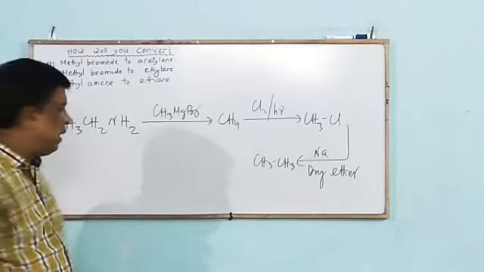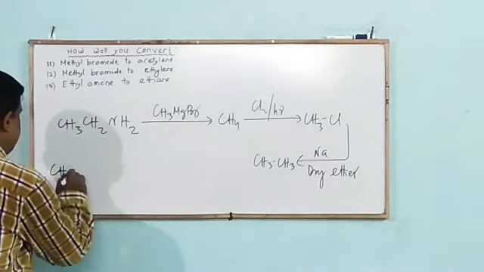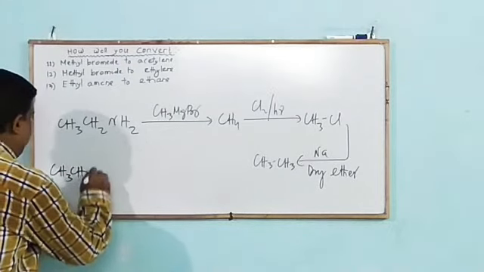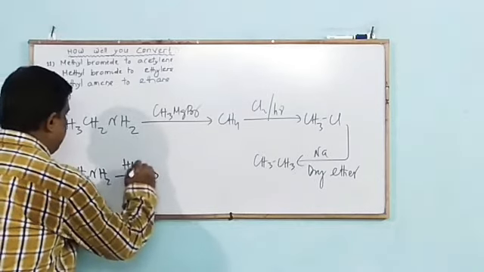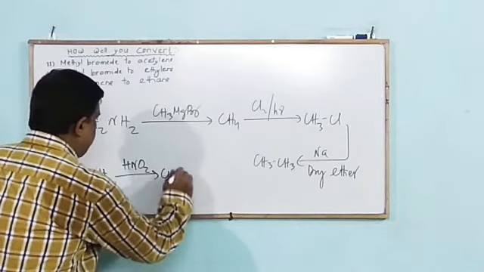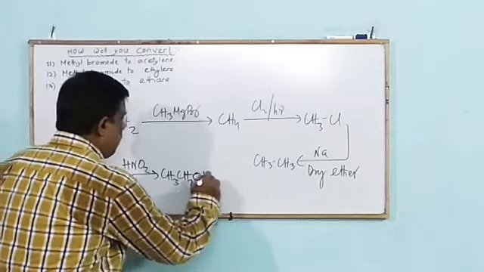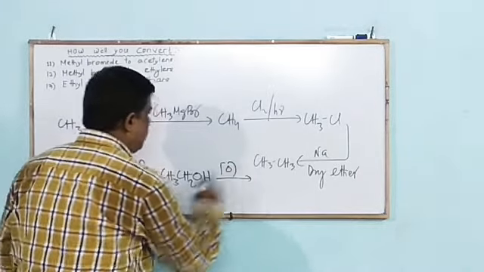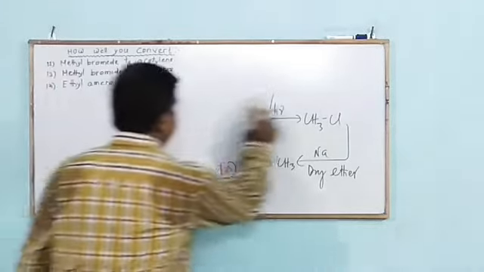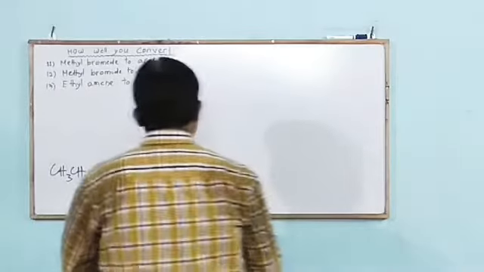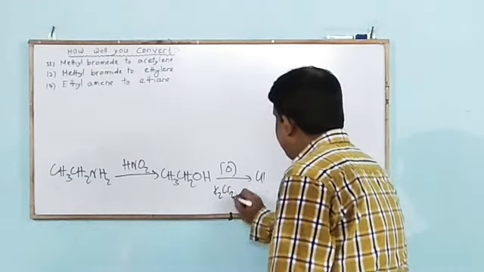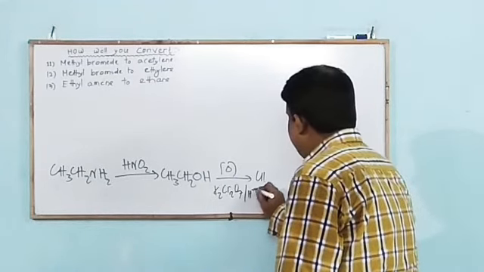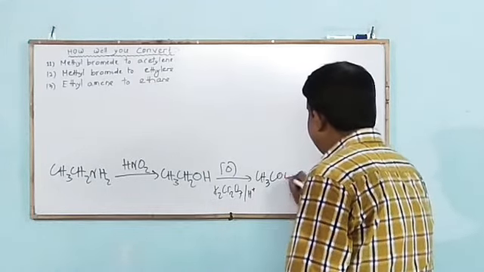Another method is there. Ethylamine reacts with nitrous acid to form ethyl alcohol. Ethyl alcohol on oxidation in the presence of K2Cr2O7/H+ forms acetic acid.